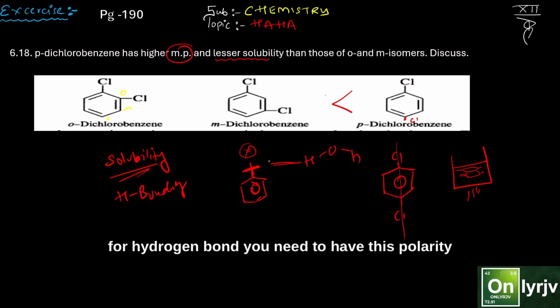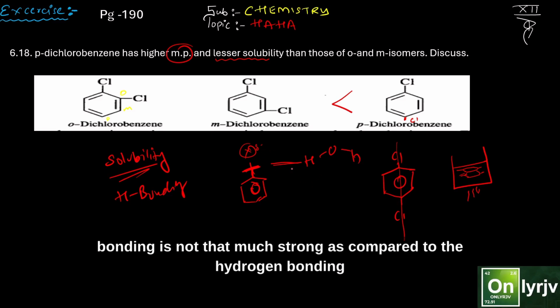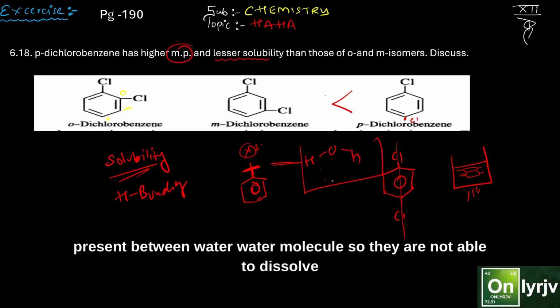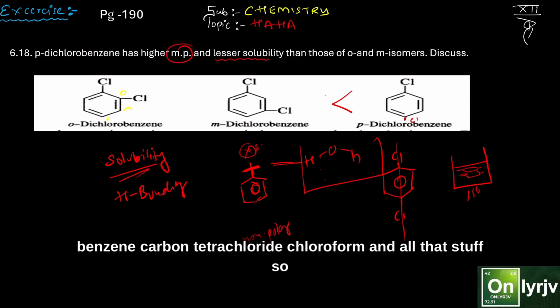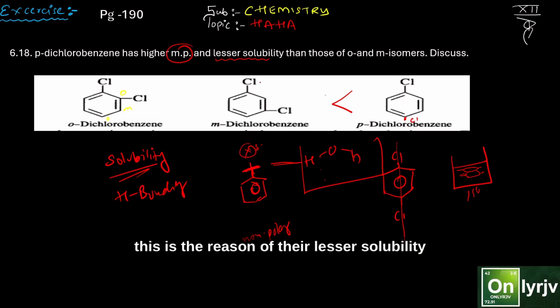Because for hydrogen bond, you need to have this polarity, only then they can attract. Since hydrogen bonding is not that strong as compared to the hydrogen bonding present between water molecules, they are not able to dissolve properly. However, if you want them to dissolve, you have to use non-polar solvents like benzene, carbon tetrachloride, chloroform, and all that stuff. So this is the reason for their lesser solubility.